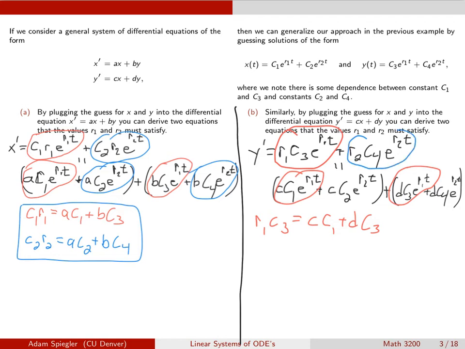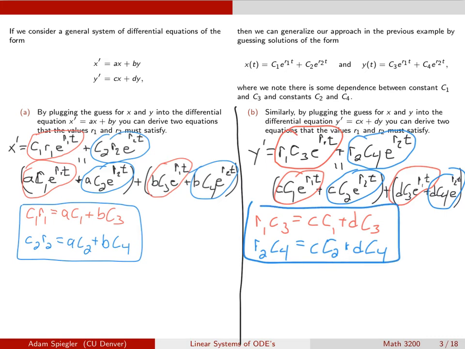And then taking all of the exponential terms that have a power of r2, we would get an equation that says r2 c4 is equal to c c2 plus d c4. And so we've got four equations. Two of them involve conditions that r1 needs to satisfy. Two of them involve conditions that r2 must satisfy. So let me group those together separately.